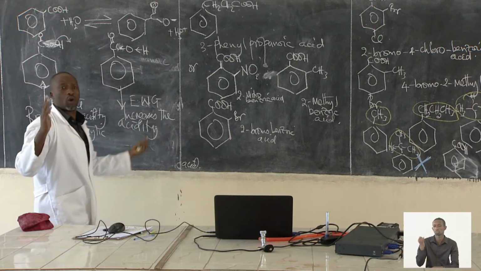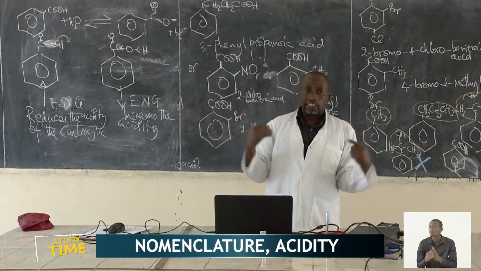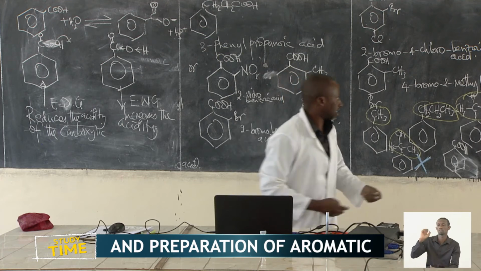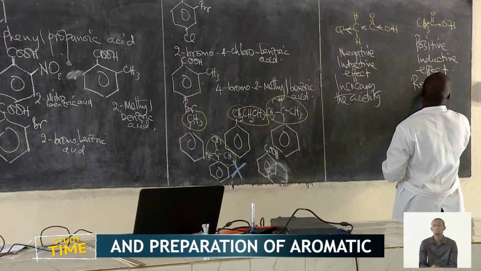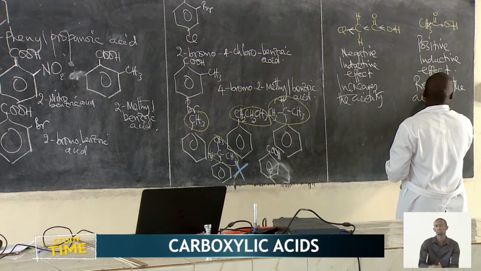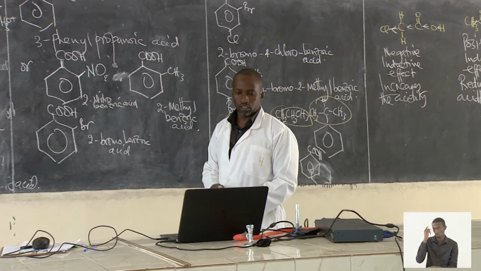So it is just the words that have changed, but the idea behind it and how they affect the acidity is also the same. So positive, this reduces the acidity. And remember, these are aliphatic carboxylic acids.